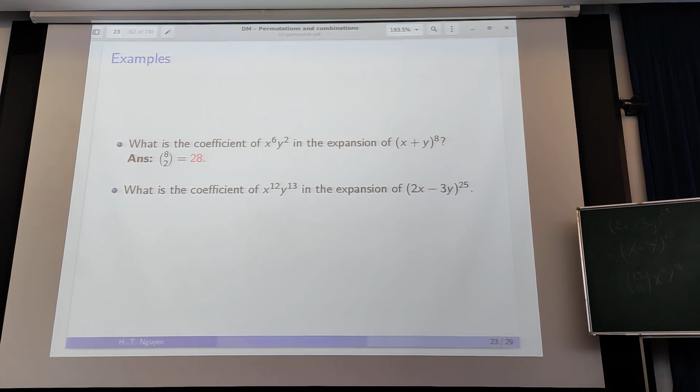And now you replace. Here you have 25 choose 12 times, you replace big X with 2 small x to the power 12 and then minus 3 small y to the power 13, okay?